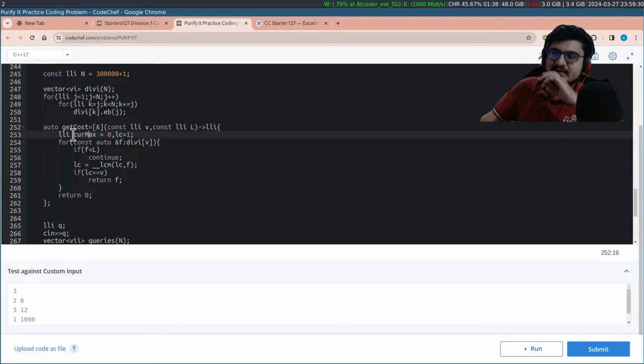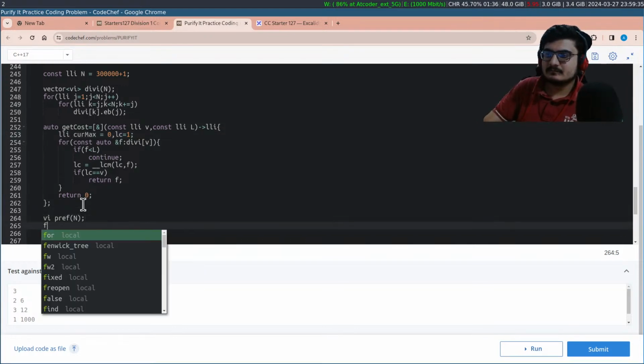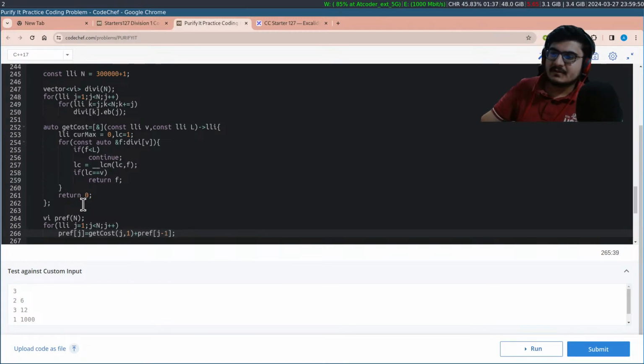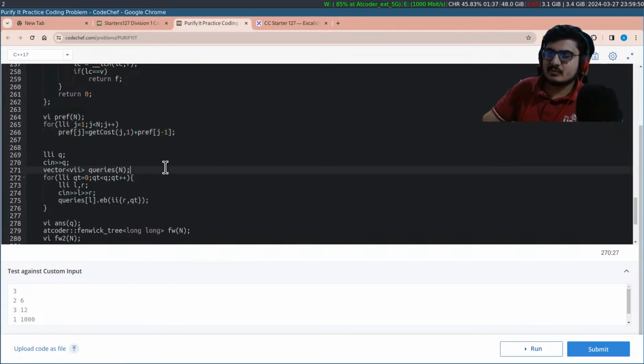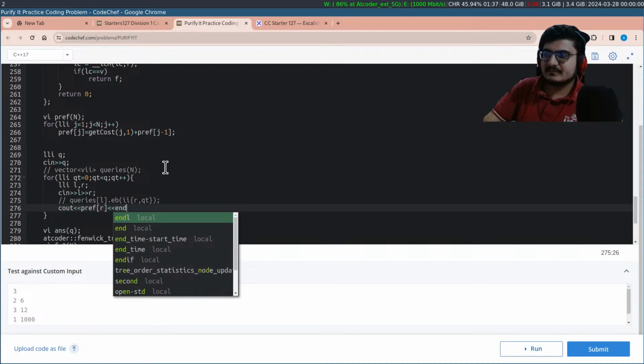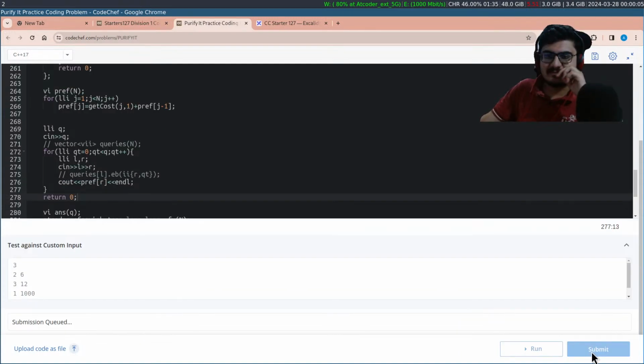And if we pre-compute everything, then when we want to answer queries, we can take L and R as input, and output the prefix sum at R. And this should solve the first subtask for us.